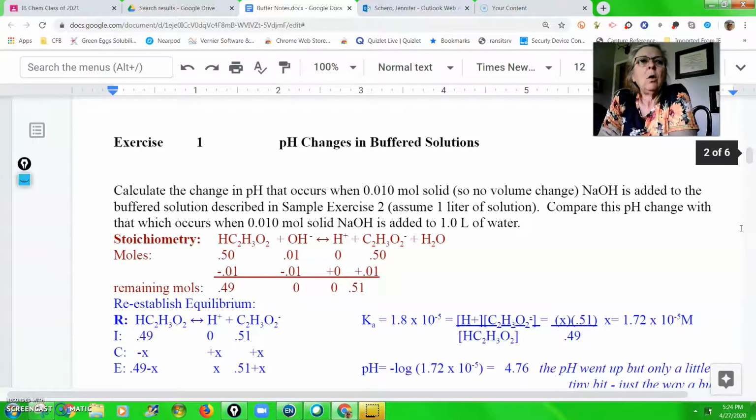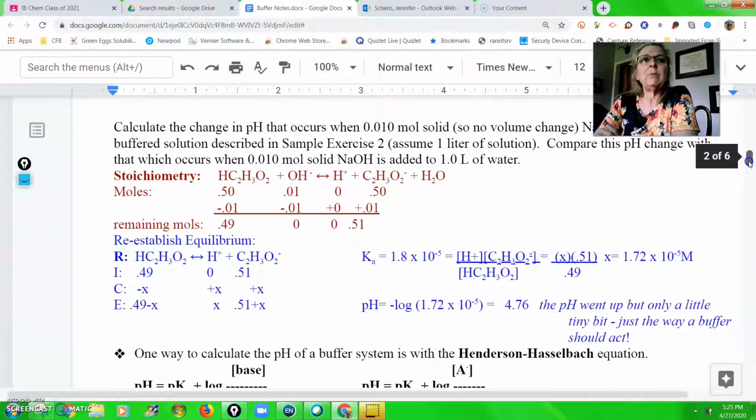All right, so the strong base is all used up, and we have now made a continued buffer solution. And now we need to know, what is the pH of this remaining buffer solution? Because we've used up, by the chemical reaction, all of the, sorry, I said the wrong thing, all of the strong base.